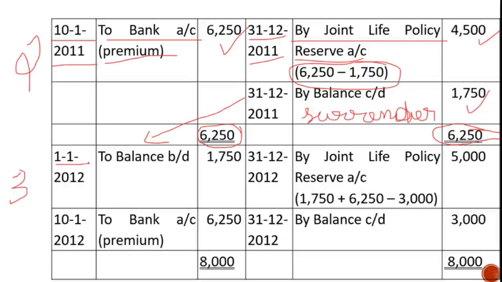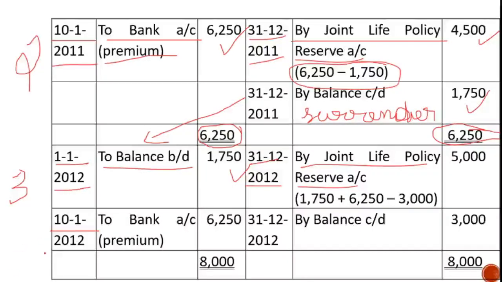So at the beginning of the third year, we will record this balance carried down as the opening balance 1,750. At the end of the third year, that is 31/12/2012, we carry the annual premium of 6,250.